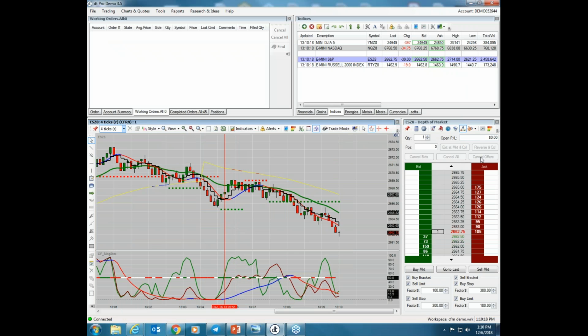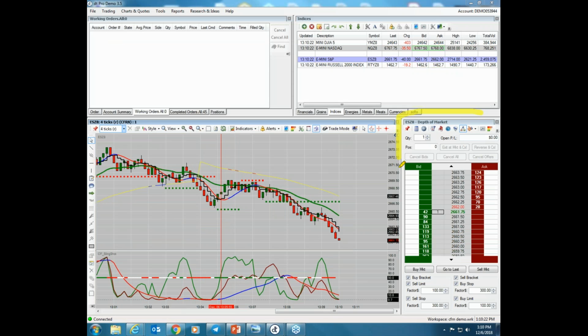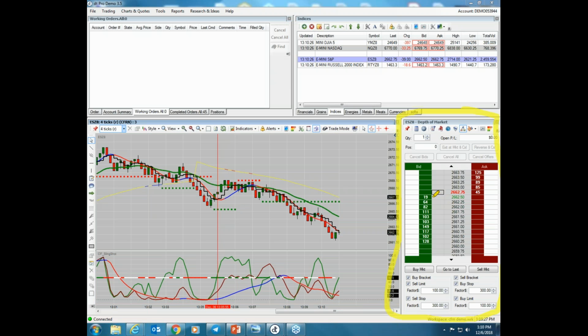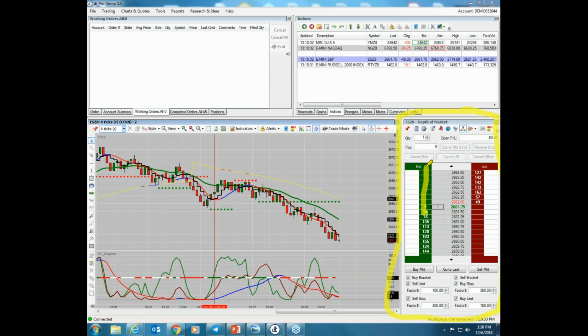Again, the DOM is this here, depth of market. This is where we would go in and either buy by left clicking in the green, expecting prices to go up, or going in the red and left clicking and getting short. That's what we would end up doing.